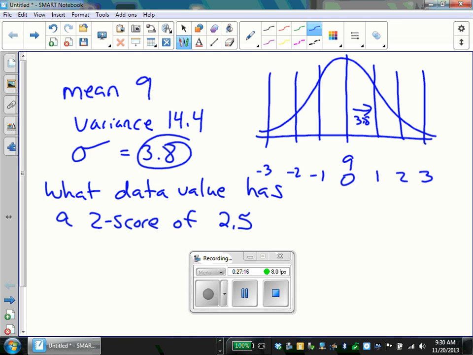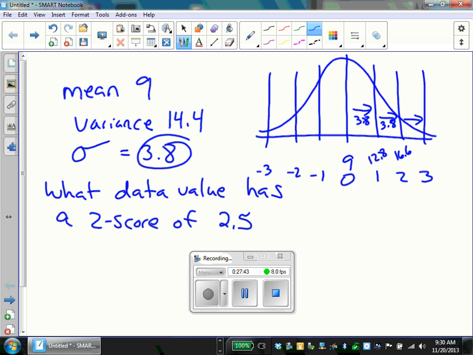So, if I go 3.8 from 9, where am I? 12.8. How'd you get 12.8? You just add 3.8 to 9. Does that make sense? So, if I take another step in this direction, how much is that step worth? 3.8, which would be 16.6.